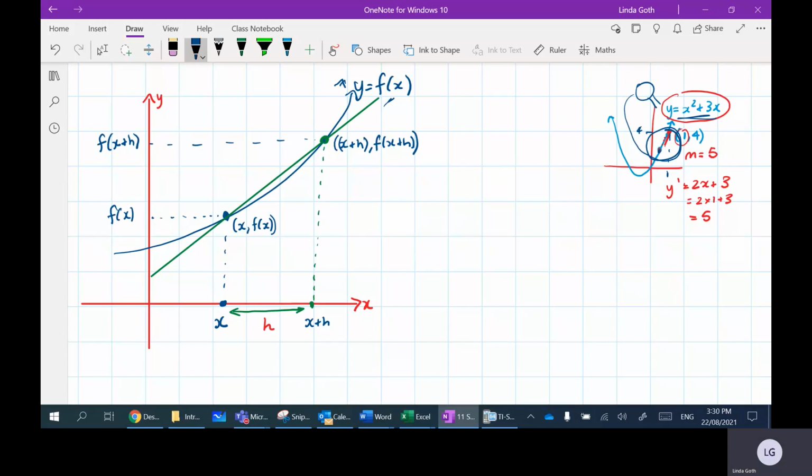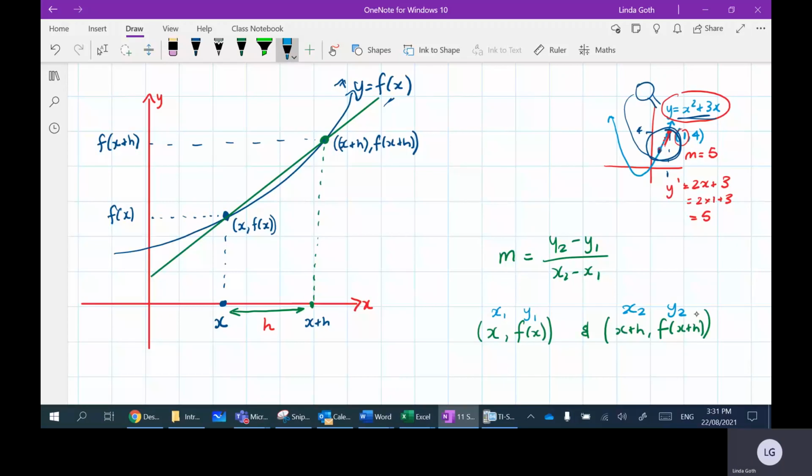Alright, now I have to find the gradient of the line between these 2 points. You'll remember in that first video, we used our formula from year 10. The gradient is given by y2 minus y1 on x2 minus x1. So my 2 points that I'm using are the point x, f of x, and the point x plus h, f of x plus h. So this will be my x1, y1, and this will be my x2, y2.